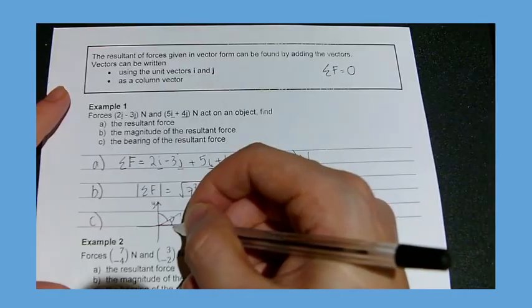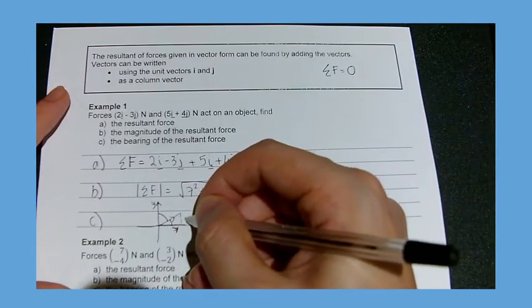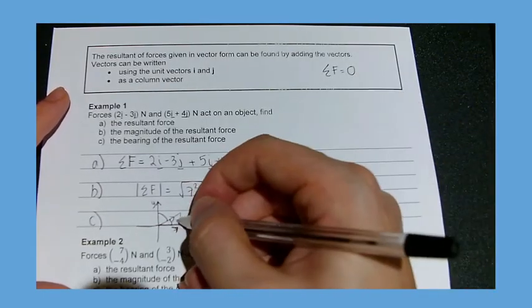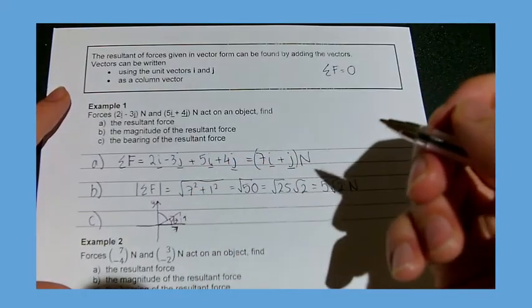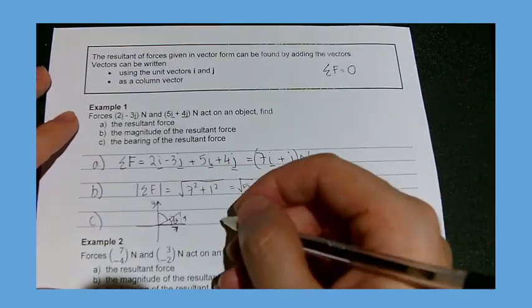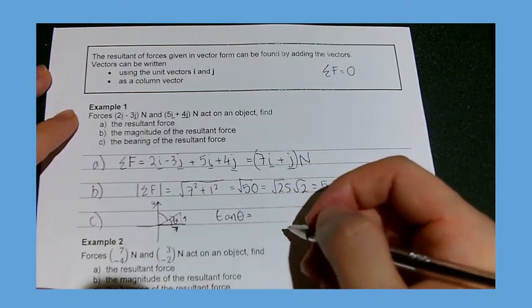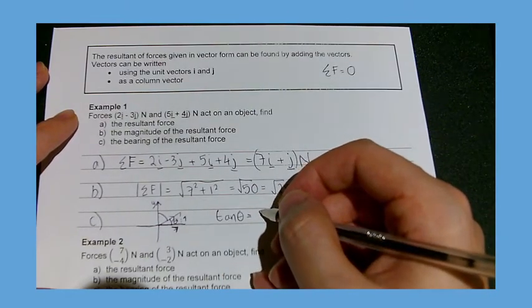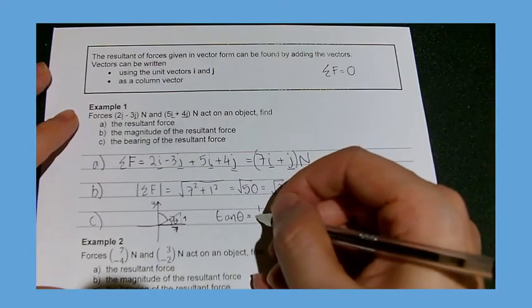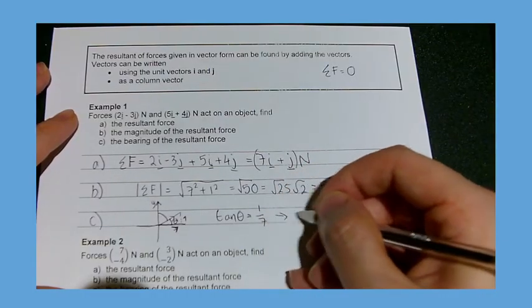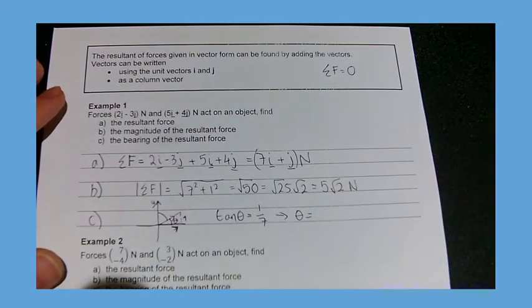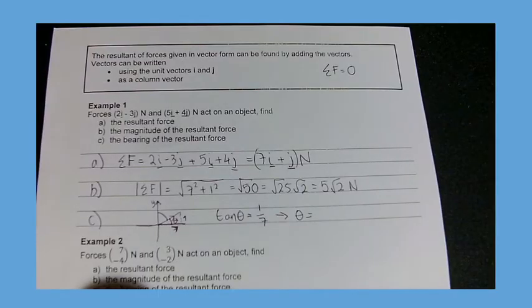I'm just going to draw a little diagram here, 7 and 1. If you can find theta, then we can deal with that pretty easily. So remember how we find the angle it makes with the positive x-axis: tan theta equals opposite over adjacent, 1 over 7.